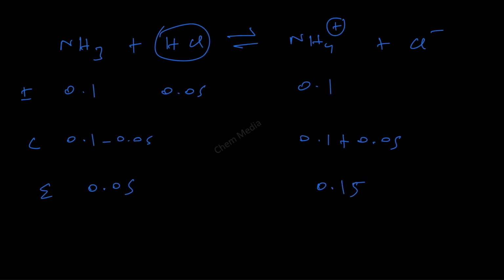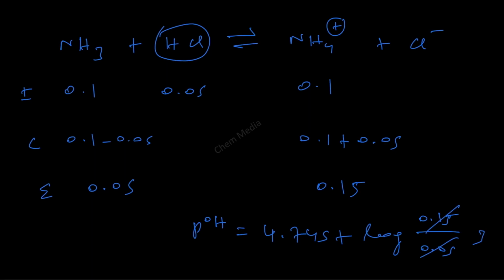and the salt concentration would be 0.15. So therefore the new pOH is equal to the same pKb value, that is 4.745 plus log of the concentration of the salt, that is 0.15, divided by the concentration of the base, that is ammonia, 0.05. 0.05 times 3 is 0.15. So therefore this is log 3.